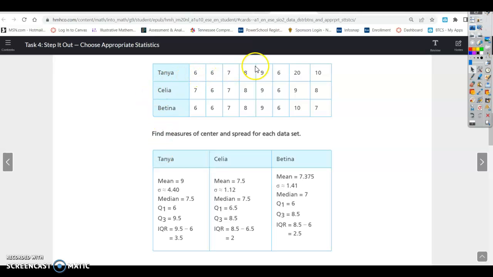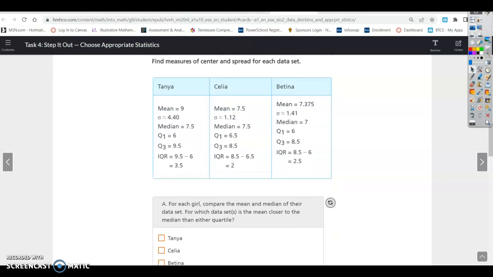So you can see they took the numbers here and they've already calculated the mean, the standard deviation, the median, Q1 and Q3, and the interquartile range, which is Q3 minus Q1. They've done that for each of the 3 players using this list of data. So again, we could use our calculator, enter this in, and do 1-var stats, and we could also have all of this information very quickly.